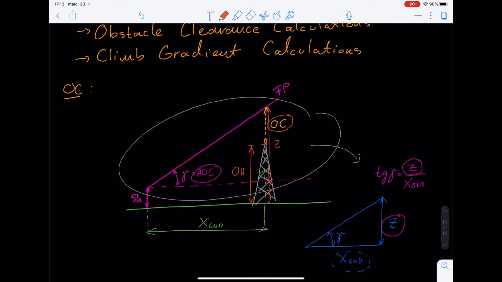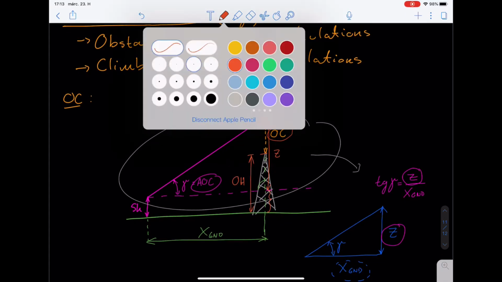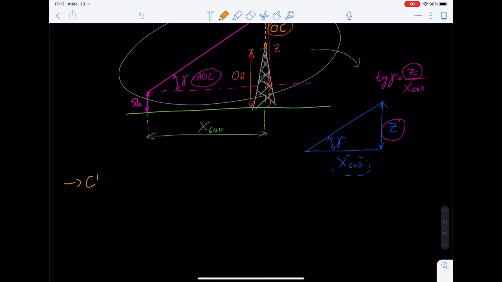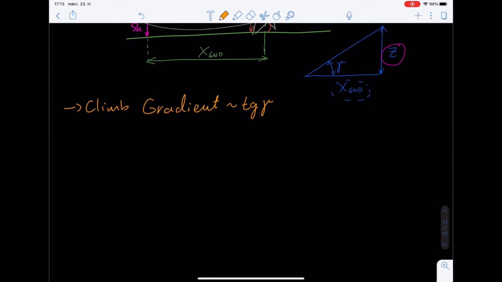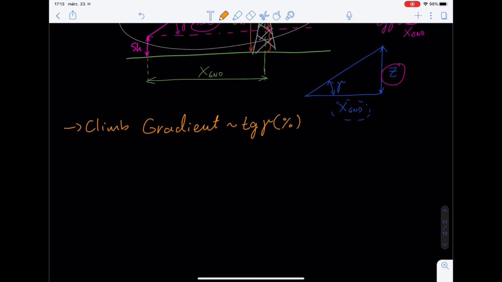Okay, so the second thing is the climb gradient calculation. So the climb gradient is, roughly speaking, the tangent of the flight path angle, and usually expressed as a percentage. So what do we mean by that?